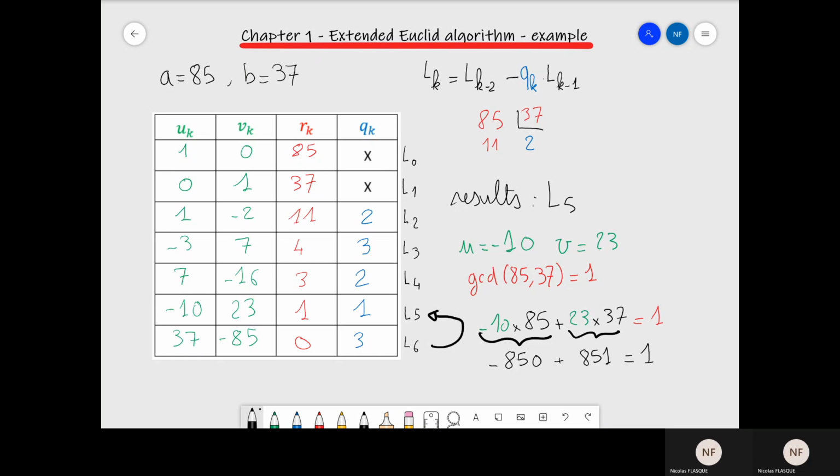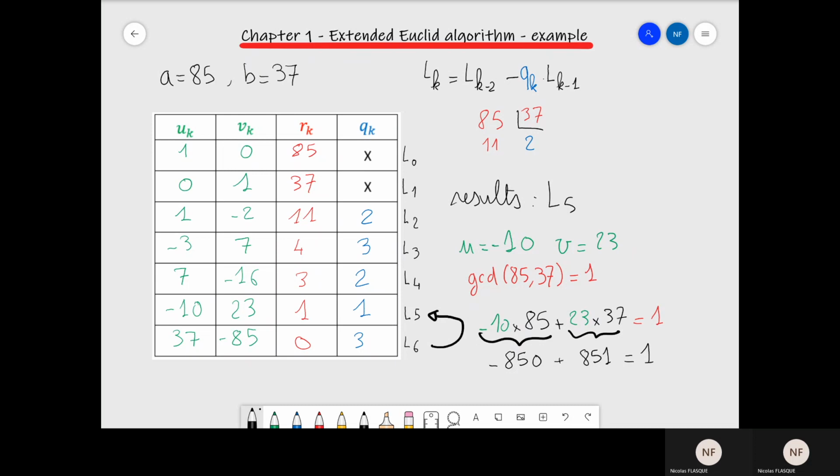And last advice about checking if the calculation is going well, you can see that the absolute values of the coefficients in the Uk and Vk columns are growing. So the absolute value here is 1, 3, 7, 10, 37. Same thing for the V column.